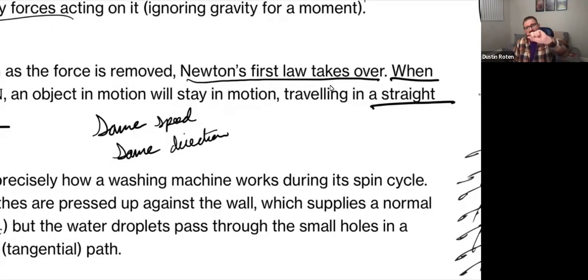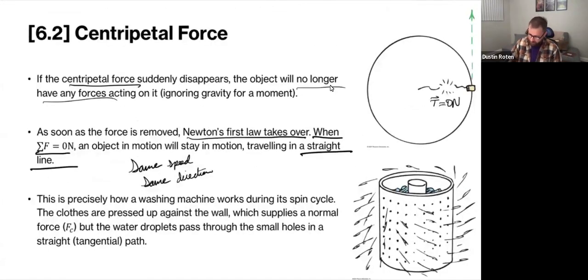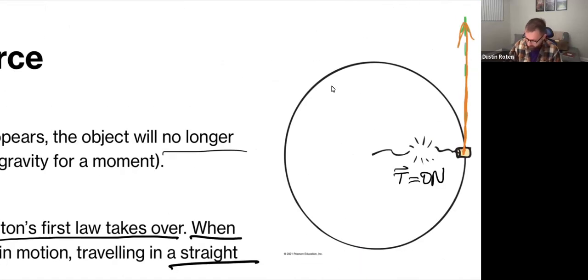So that means as soon as this string breaks, this object's going to just take off, just hauling in a perfectly straight direction, and it's going to be tangential to the circular path. So as soon as you lose your centripetal force, whatever object you have, straight line from there on. And it is on a tangent path.